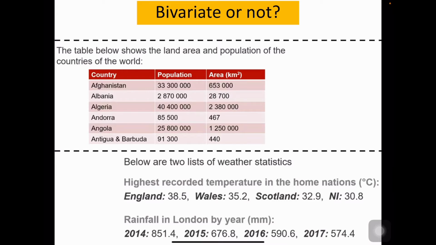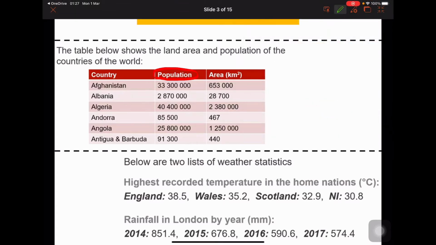So the first one is the table. It says the table below shows the land area and population of the countries of a world. So we have one variable here. Okay, the choice of color is perhaps not the best, but yeah, we have one variable here. We have another variable here.